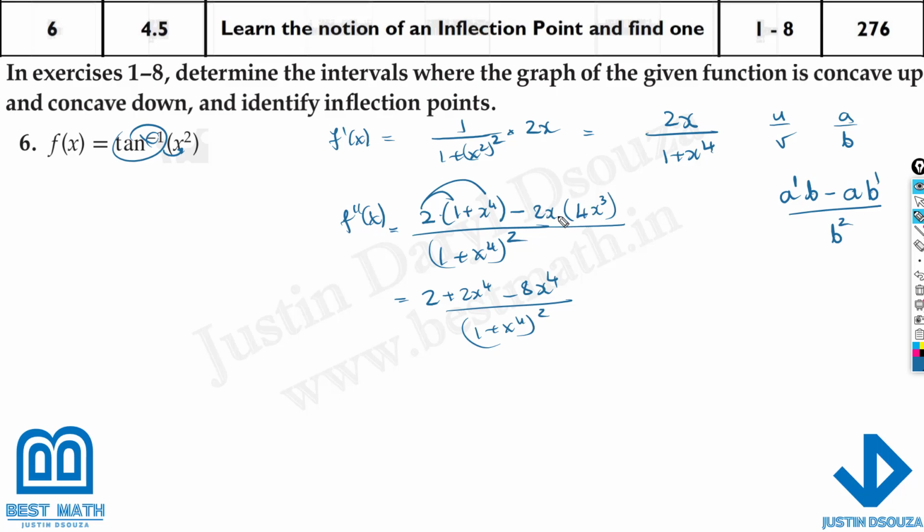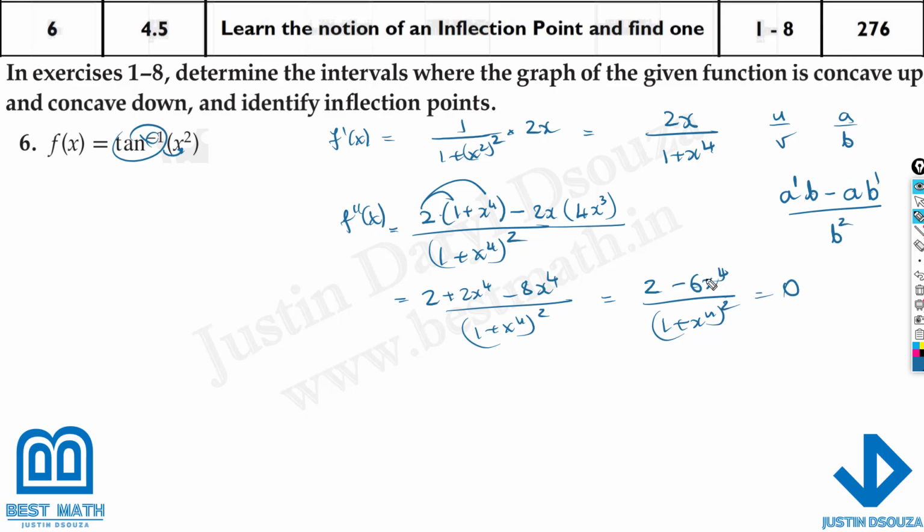Don't think 2 is multiplied to all terms. No, they are single term multiplied. So numbers with numbers, 8, x and x will be x power 4. Now, yes, we can simplify here. It's going to be 2 minus 6x power 4, because it's like 2 minus 8, because they are the same coefficient, same variables here. And 1 plus x power 4 the whole square. This is equal to 0.